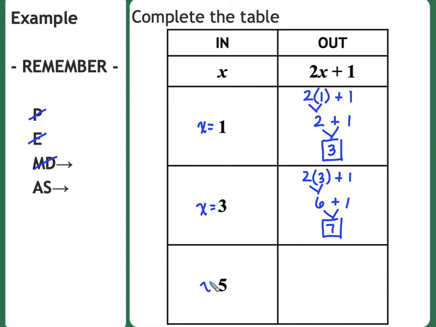And finally, what if our in is x is 5? That means we put 5 in for x, and we just use the order of operations to evaluate, and that would be 11. So in this in-out table, we have in of 1 out of 3, in of 3 out 7, and in 5 out 11.